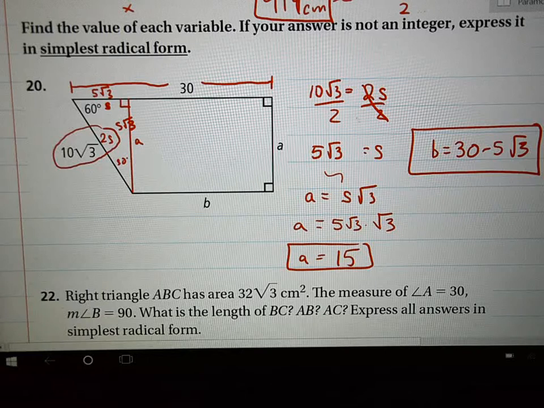If you or your partner said 30 minus 5 root 3, please raise your hand so I can see how many got it right. About 60% of you. Not all of you. Okay.